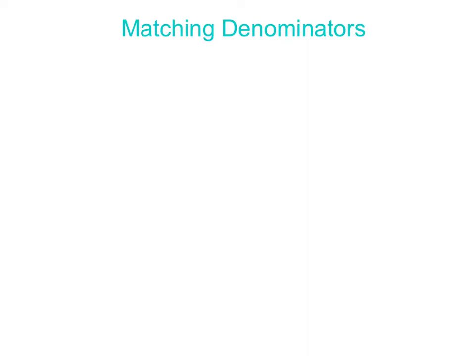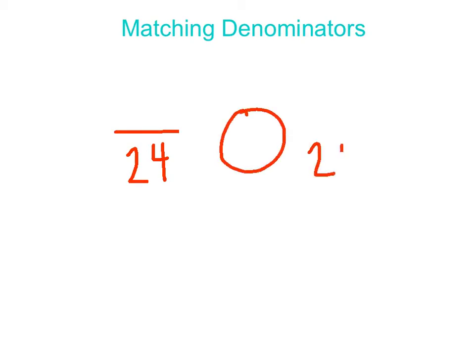Matching denominators. That means the bottom number is the same. These are easier because this is just a 1-to-1. We're just looking at the pizzas cut with the same number, and then all we have to compare really is the numerator.